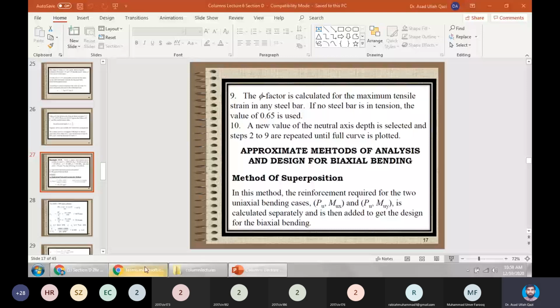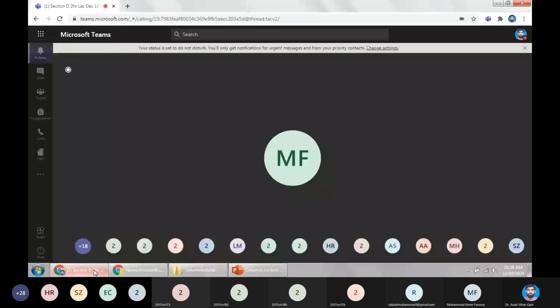Students who are interested in a deeper understanding of the development of these approximate equations and the mathematics behind them may review that article in the book by Nilsson.